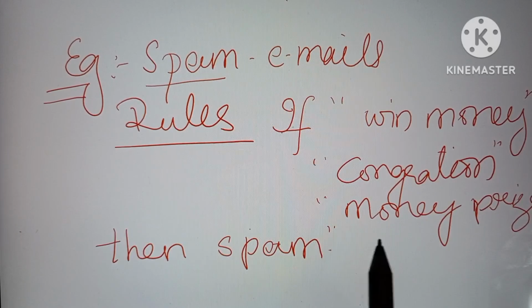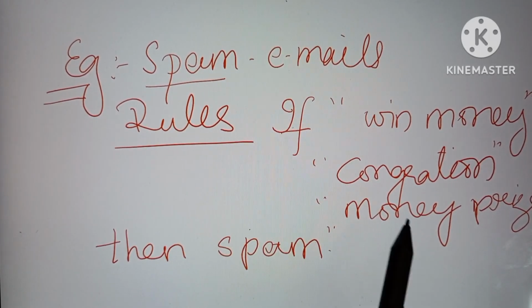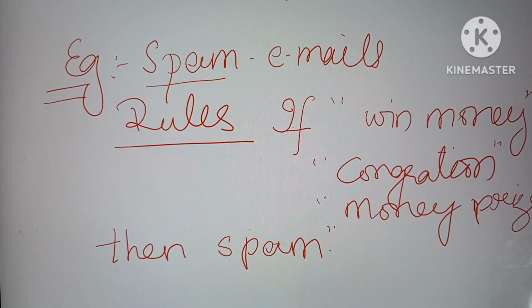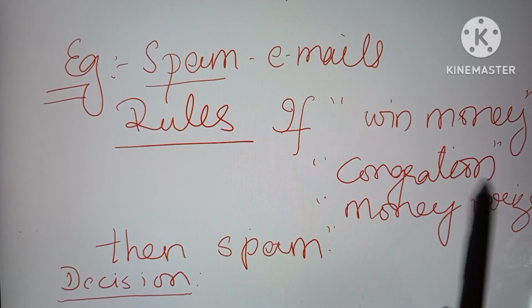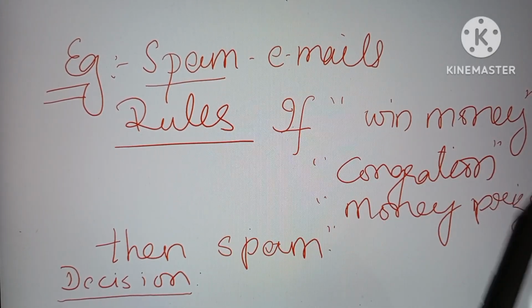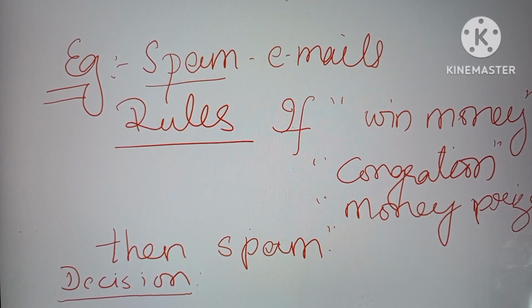So what does the AI system check? It checks against these rules, and then finally it has to take a decision. If the email matches any of these terms present in the production rules, then it has to decide that the email goes to the spam folder.